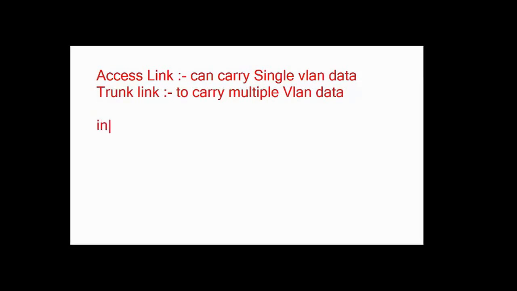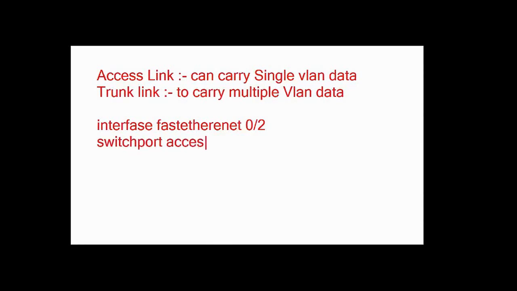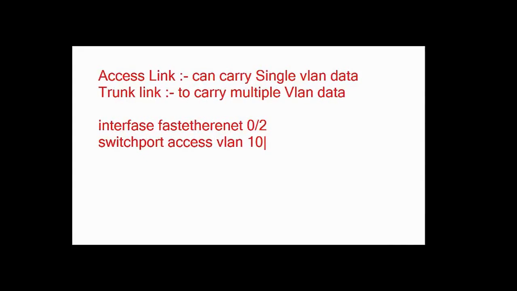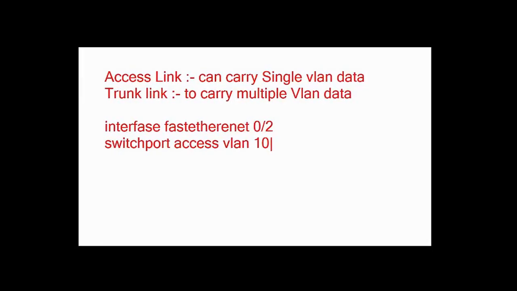So that's why we run the command now. We go to the particular interface, whatever, FastEthernet 0/2, and then we run the command switchport access vlan, with any VLAN that we want to configure there. That's why we run all these commands.